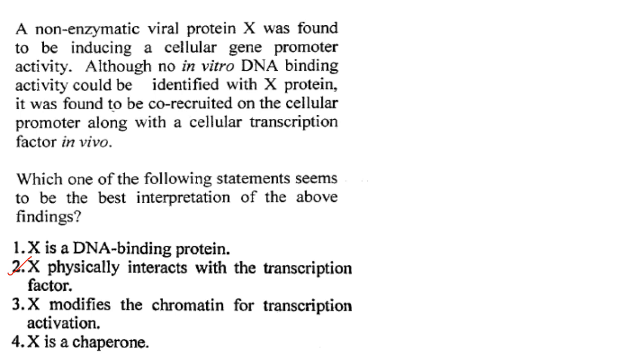When it was conducted in vivo, it was found to be co-recruited on the cellular promoter along with a cellular transcription factor. So the promoter first got bound by the transcription factor, and the transcription factor co-recruited this particular protein for binding to the transcription factor. So which one of the following statements seems to be the best interpretation of the above findings?